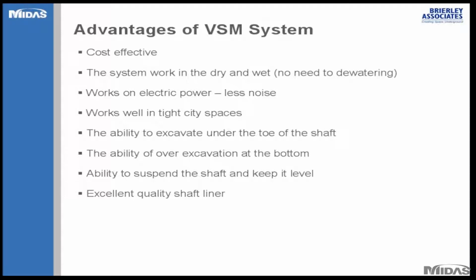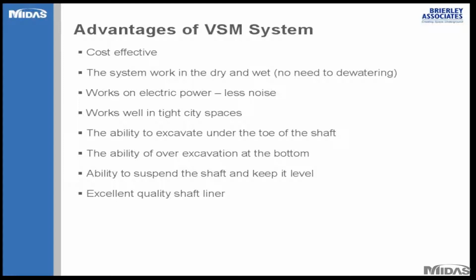One other important aspect is the ability to excavate under the toe of the shaft, and by using the sinking unit system at the top, you can easily control and keep the shaft level at all times, so you don't have tilt or out-of-plumbness issues when you are building it. And one of the very important issues is the control of the quality of the liner.